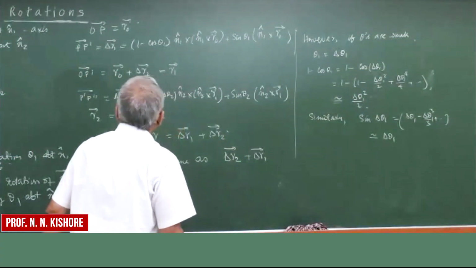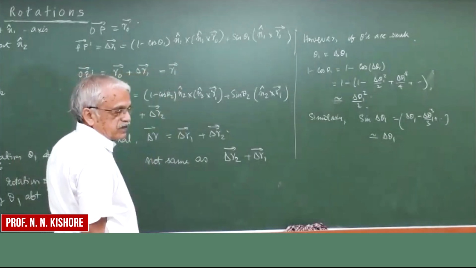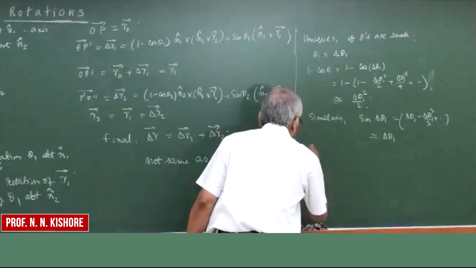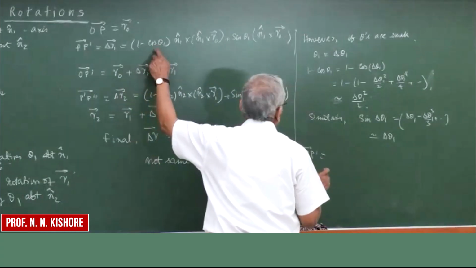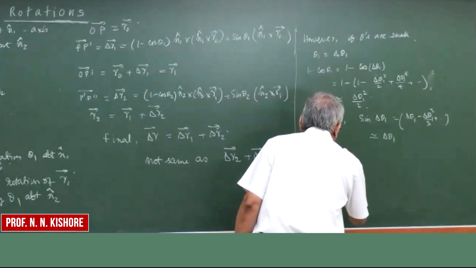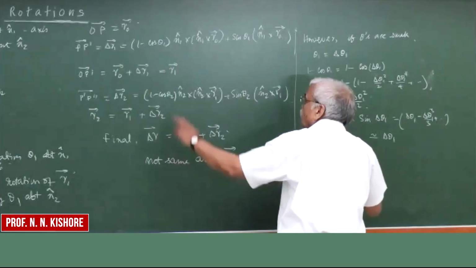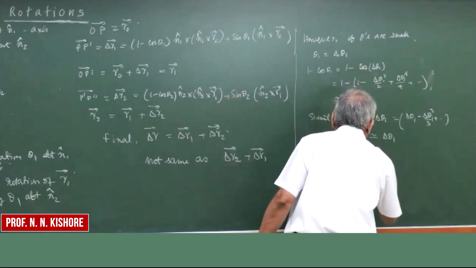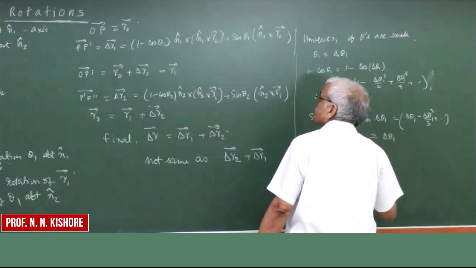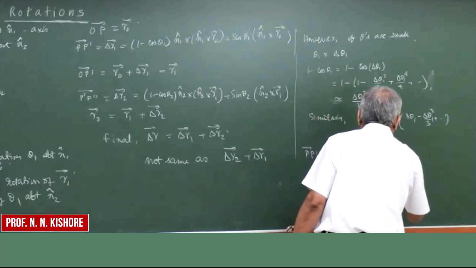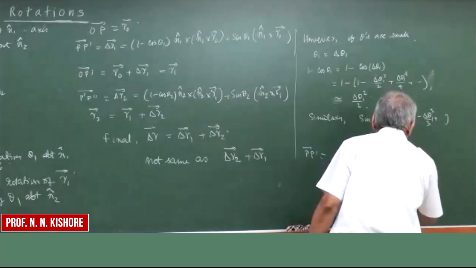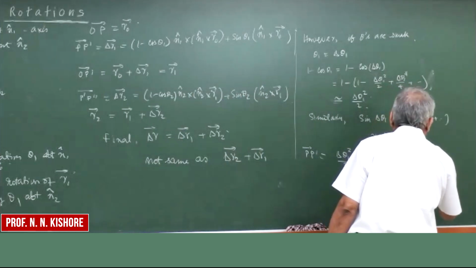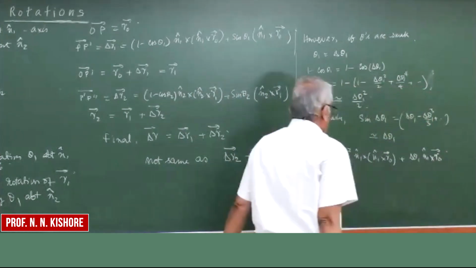So these are two expressions. If that simplification is made here, for example, this PP prime becomes delta theta 1 squared by 2 times the first term, and delta theta 1 times the second.